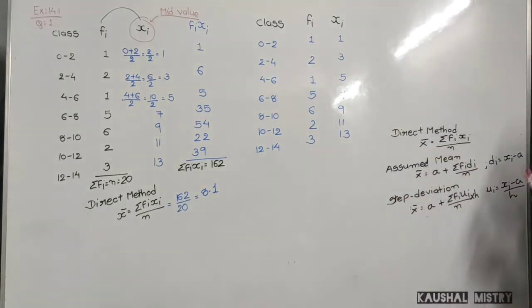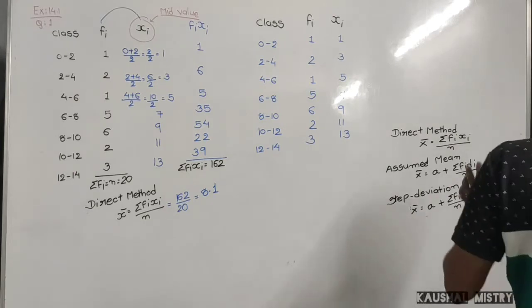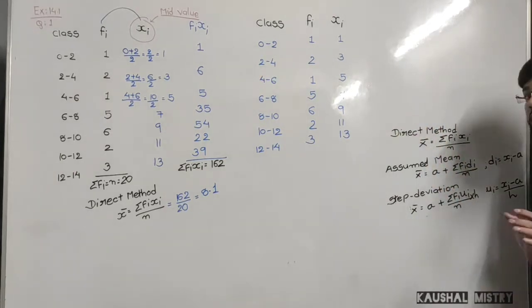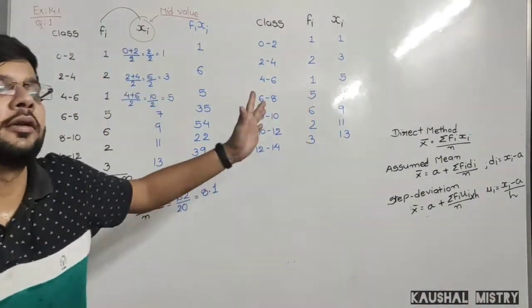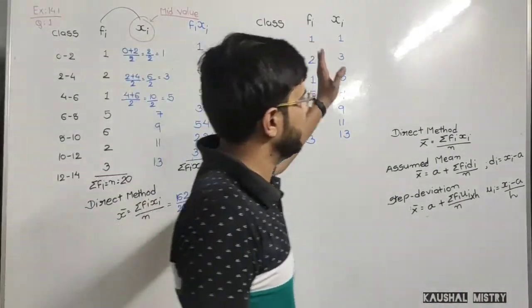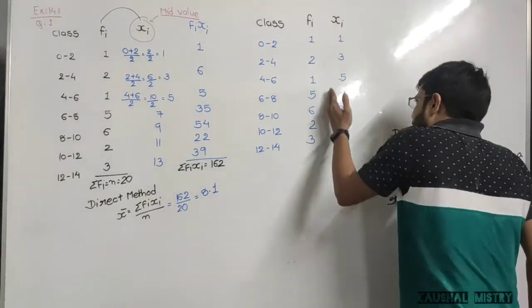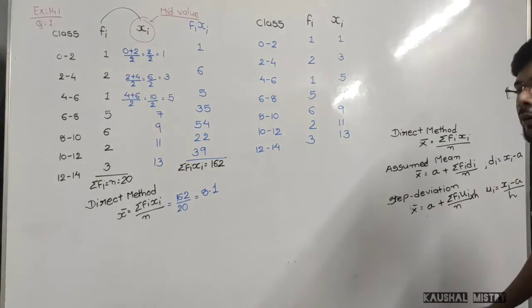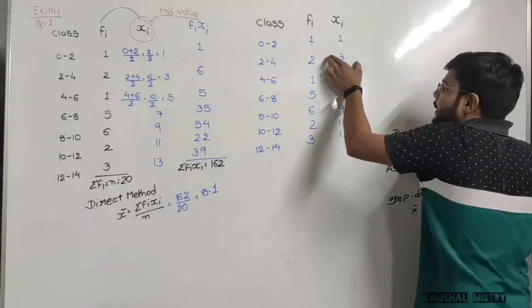Now, in the assumed mean method, you have to assume A. You can take any positive integer as the assumed mean. But if you want to make this sum easy, then choose from xi, and it is better if you choose from the middle of xi.